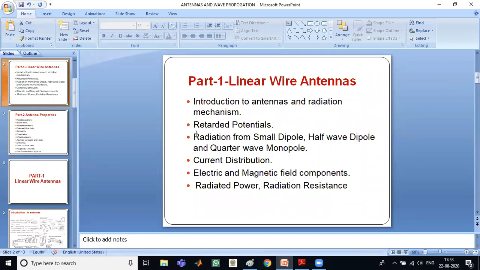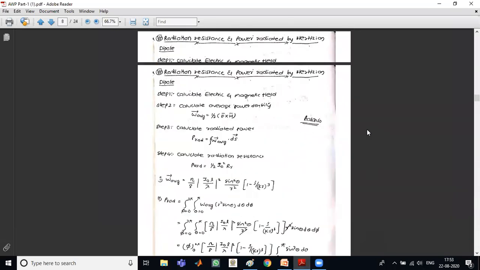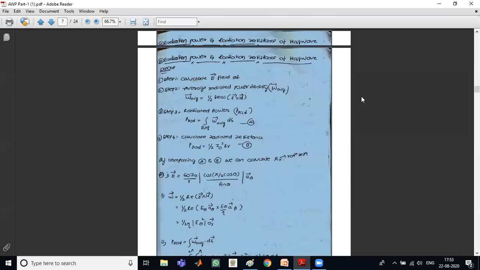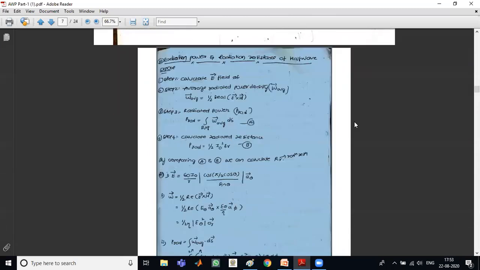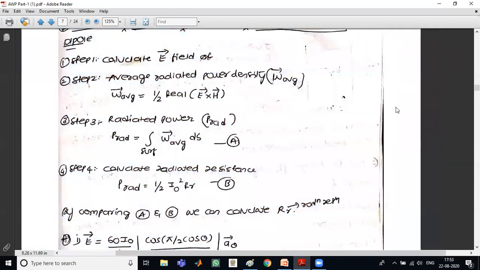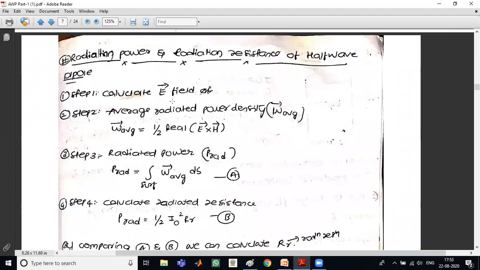In this section, the radiation from a small dipole, half wave dipole and quarter wave monopole, there are some standard derivations to be learned. This is a very simple derivation: the radiation of the half wave dipole and quarter wave monopole.